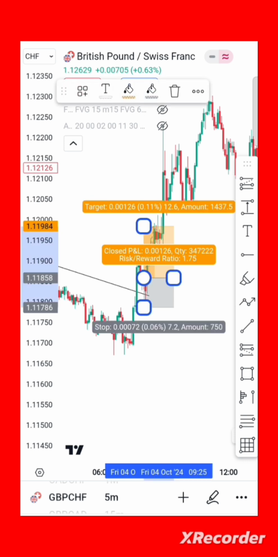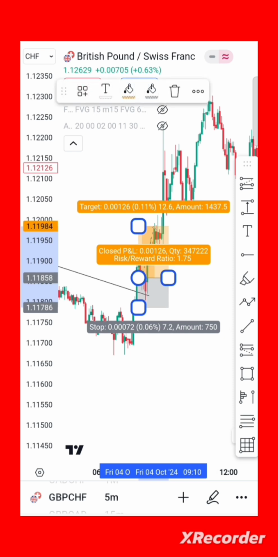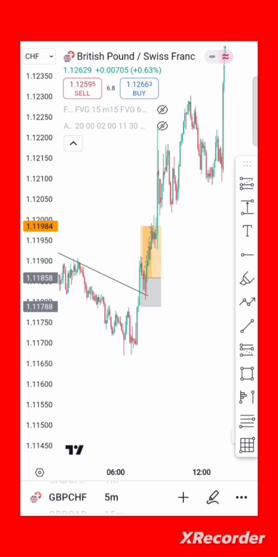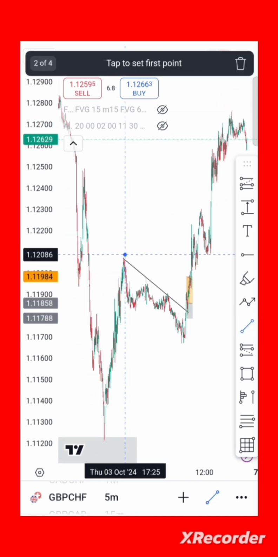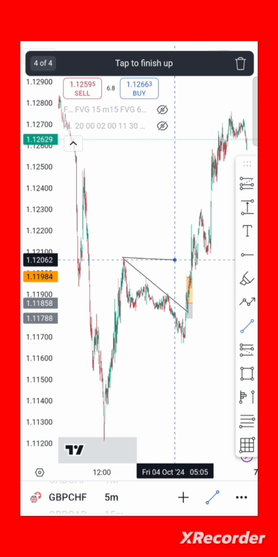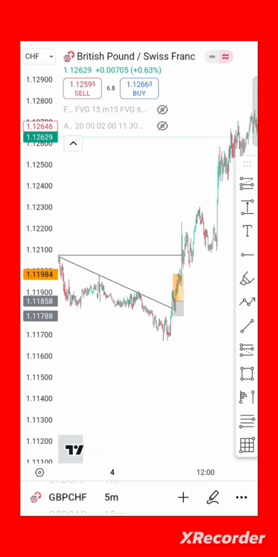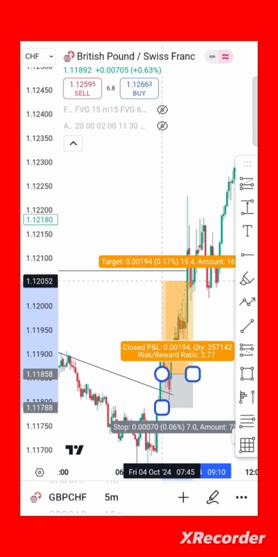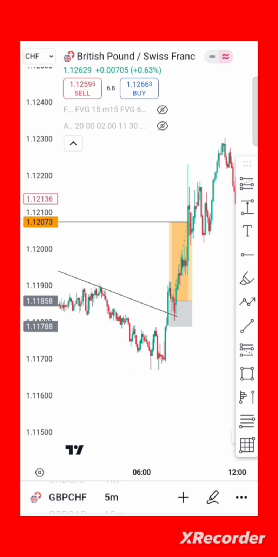That was a 7 pips trade. My target was basically the previous high of the move. So I targeted that high, having a 7 pips SL, and that was a very sweet 1 to 3 I had just in the morning, and this happened in just a few minutes.